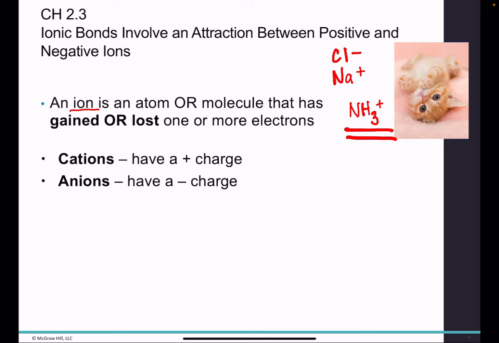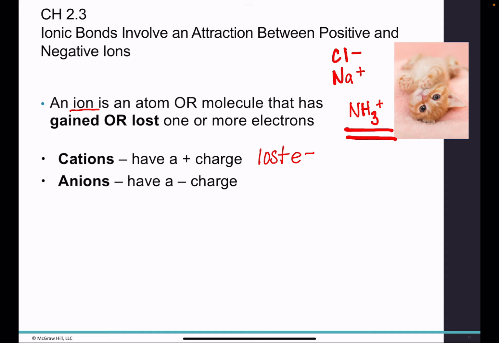So when an ion gains or loses an electron, it becomes either a cation or an anion. A cation is an ion that has a positive charge. Now, this positive charge comes from a lost electron. In other words, an electron has been pulled completely off of the atom, removed from its valence shell, and transferred to another.